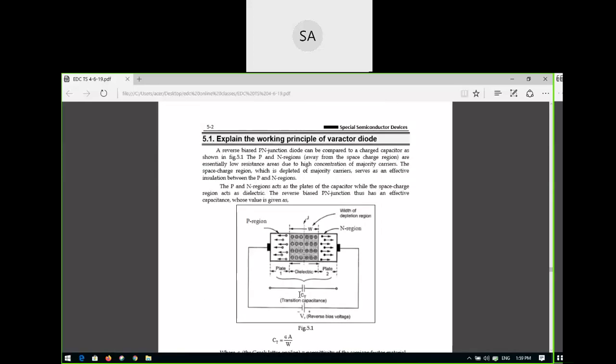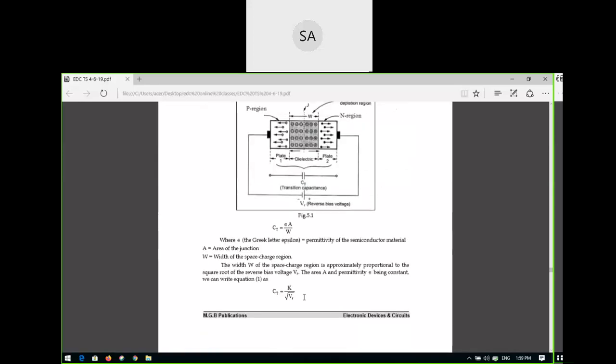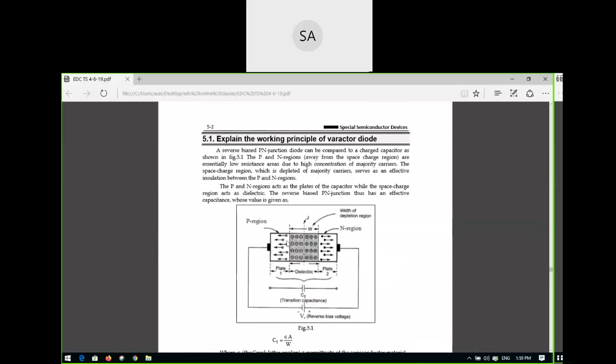Okay, construction wise, this is the P region, this is the N region, and you are connecting it in reverse bias. What will happen? The positive potential attracts the electrons present in the N region.